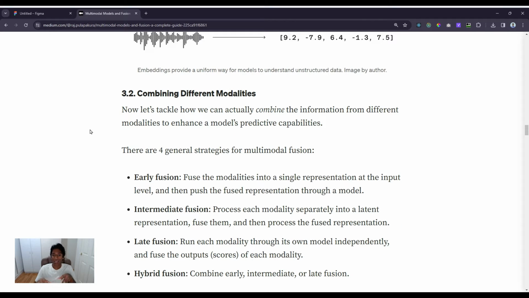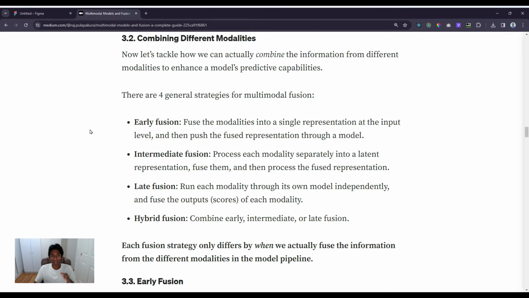Now let's tackle how we can actually combine the information from different modalities to enhance a model's predictive capabilities. There are four general strategies for multimodal fusion. Early fusion is when we fuse the modalities into a single representation at the input level, and then push the fused representation through a model. Intermediate fusion is where we process each modality separately into a latent representation or an embedding, and then we fuse them.